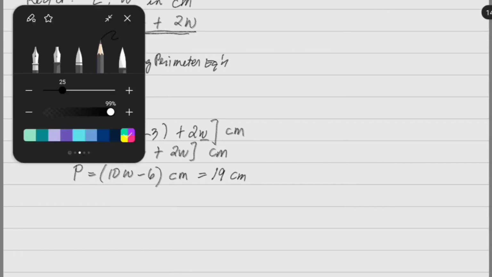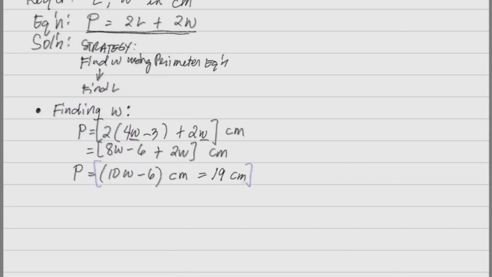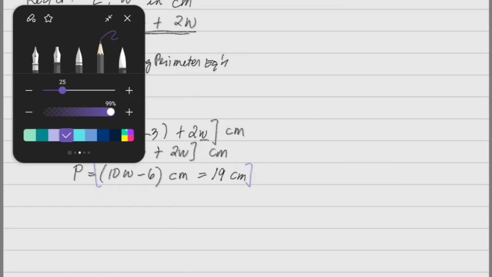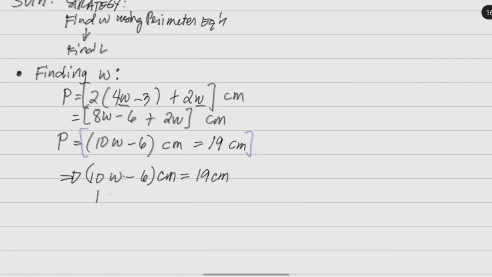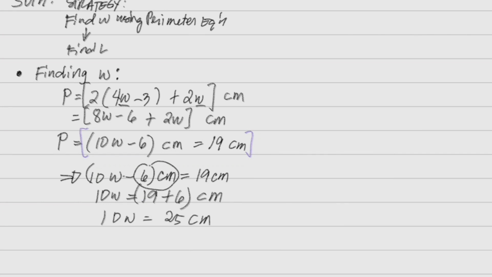Alright, so we will use this part here to get the value of our W. So 10W minus 6 cm equals 19 cm. We will transpose the 6 here, 10W is equal to 19 plus 6 centimeters. 10W is equal to 25 cm.